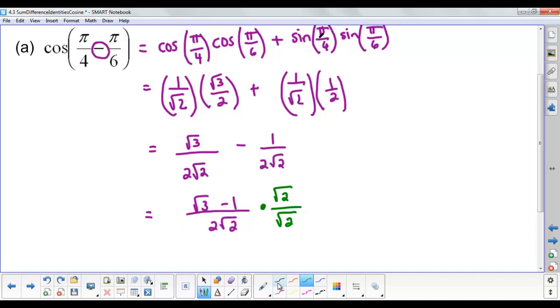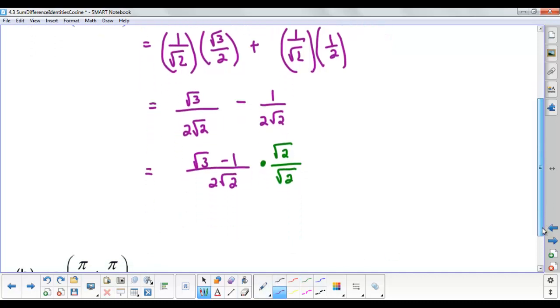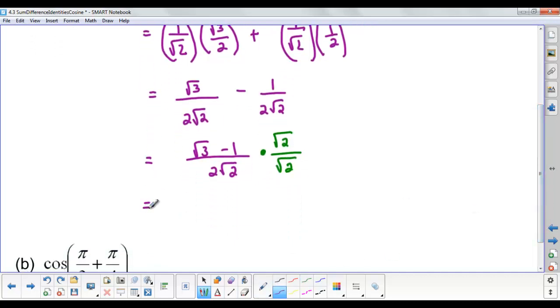Okay, so the reason that we do that is if we're looking at the denominator, so denominator times denominator, we're going to have 2 times root 2 times root 2, which ends up being root 4. And then what that ends up being in turn is, well, we know what root 4 is. That's just 2. So really the denominator has just turned into 2 times 2, which is 4.